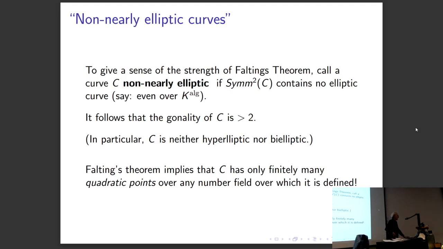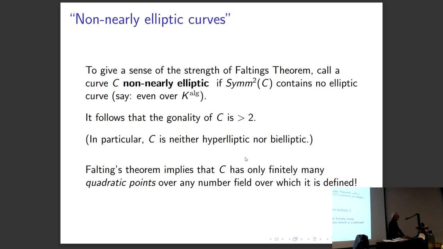And now, in thinking about that and talking with people in the audience, I came up with this absolutely ridiculous terminology. But to give a sense of the strength of Faltings' theorem, I'll call a curve non-nearly elliptic. That was just two days ago, and if I write these notes, I'll choose a better name. If the symmetric square of the curve contains no elliptic curve, even over the algebraic closure, it follows that the gonality of C is greater than 2.